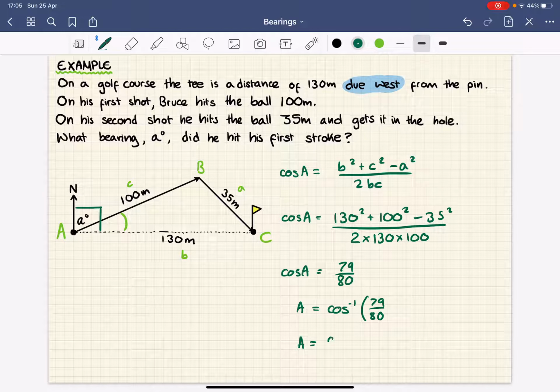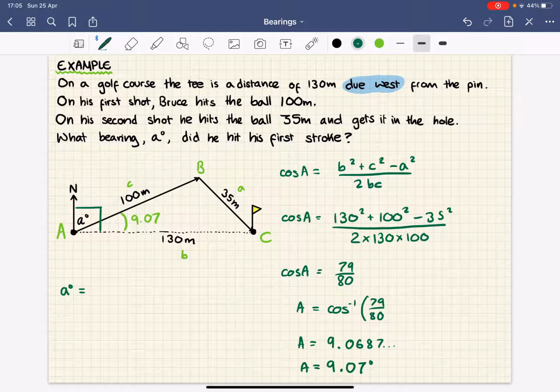And that comes out as 9.0687 and so forth. And that is just going to be, to 2 decimal places, 9.07 degrees. So then I know what this angle in here is going to be, that 9.07, but I want to find out that angle A outside the triangle.